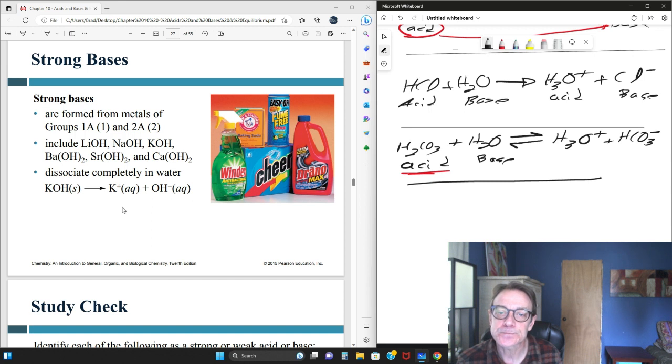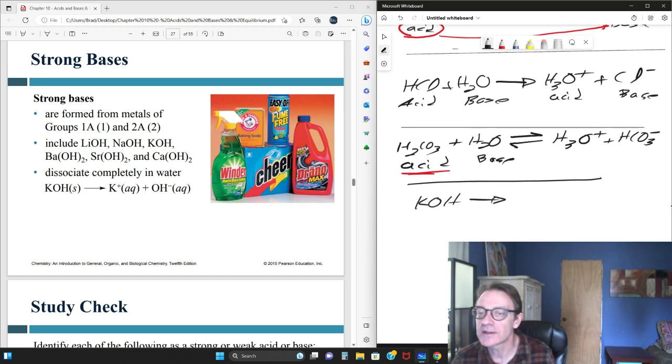Okay, so they would dissociate completely. Right? Potassium hydroxide dissociates completely, with the arrow leading us to potassium and hydroxide right there. Okay.